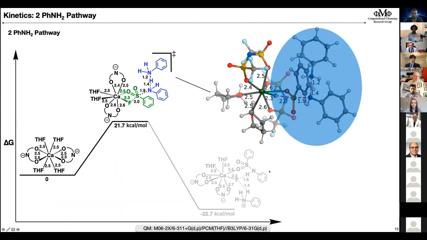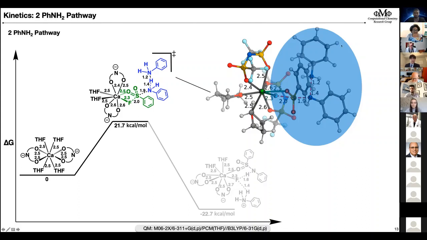So now let's take a look at the reaction coordinate diagrams. First, we're going to take a look at the reaction coordinate diagram of the two-aniline pathway. For time's sake, I'm just going to focus on the more important theme of the reaction, kinetics. The reaction coordinate diagram starts with this calcium triflimide complex with four THF molecules ligated to it. We call this the resting calcium complex because this was the lowest energy complex prior to the reaction occurring.